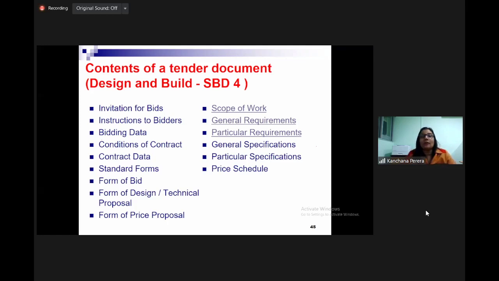I prepared it on an honorary basis, but we selected State Engineering Corporation as the consultant for this SBD 04 work. They play a minor role compared to other pre-measurement projects. So there are architectural, engineering and QS inputs in the bid document. Otherwise, a general layman or client cannot give all these things.